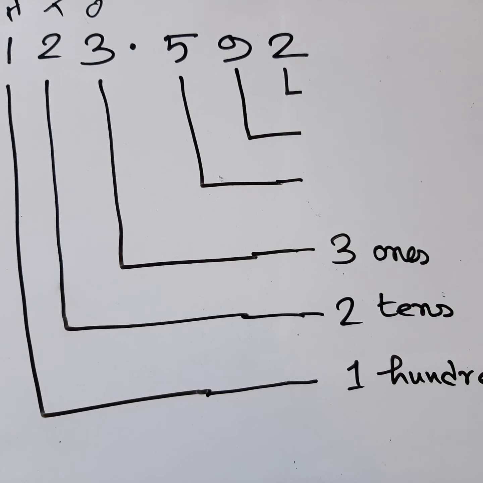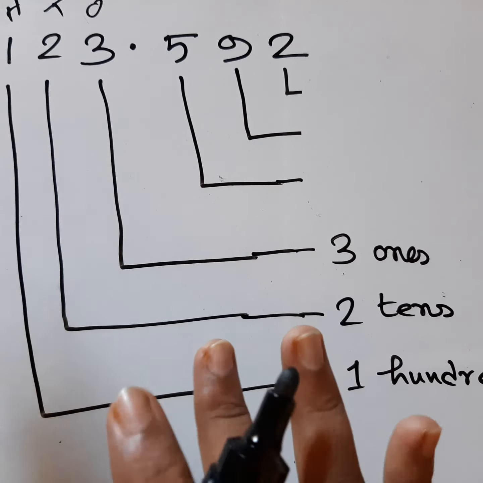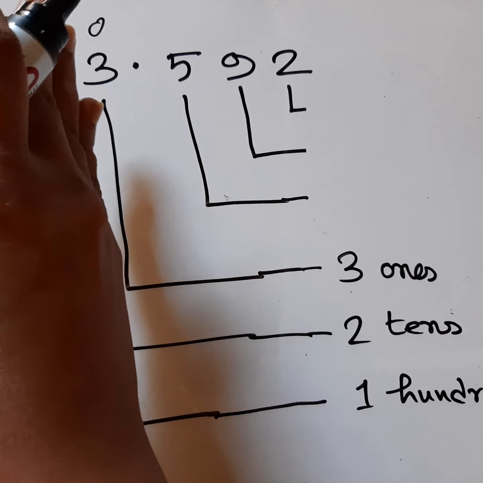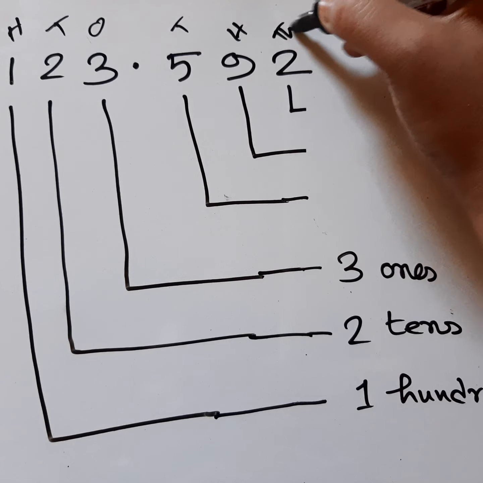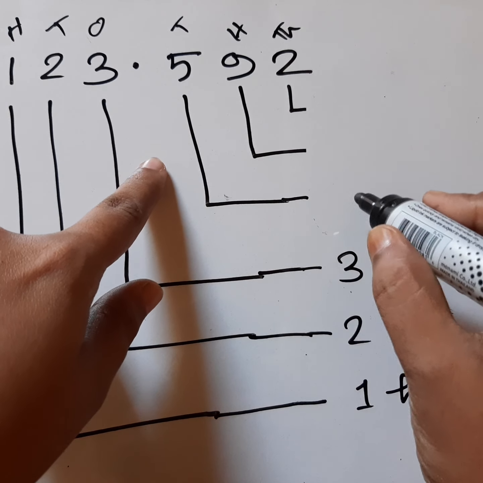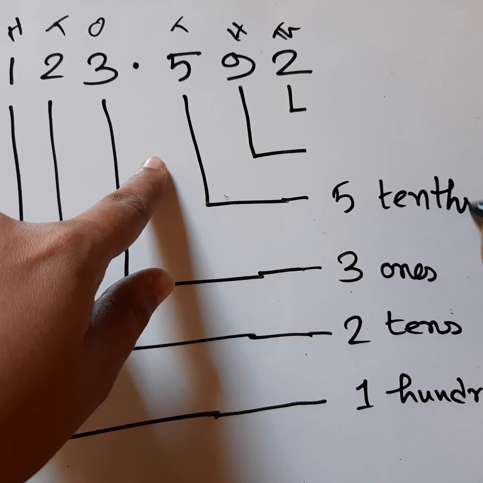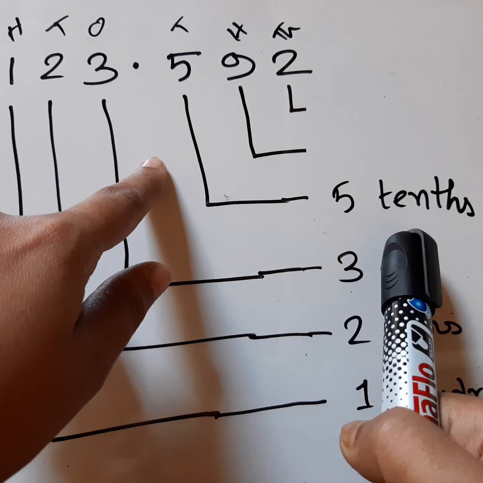But when we find the place value of a decimal, what happens? Let me show you. There's ones, there's tens, and there's hundreds. Exactly that way we fix our ones, and we write down tens, 100, 1000. But after the decimal we say 5 tenths. It is not tens, it is tenths.